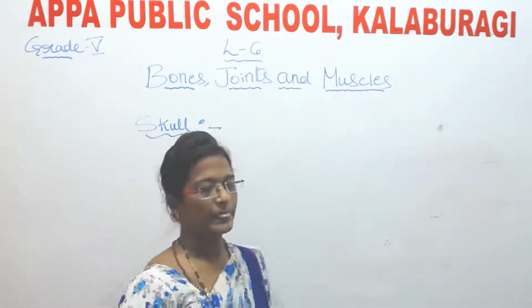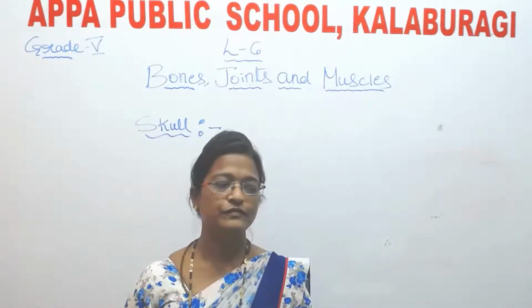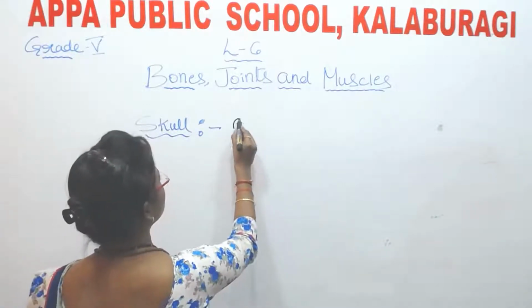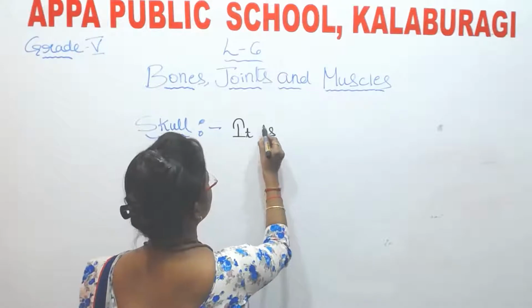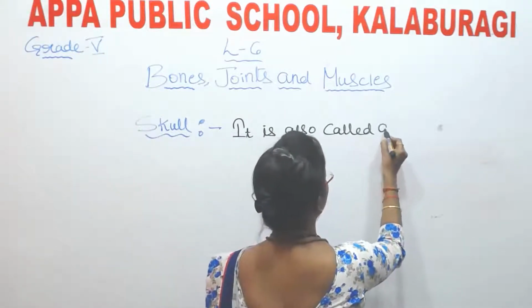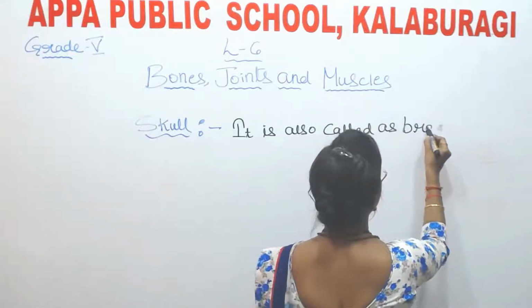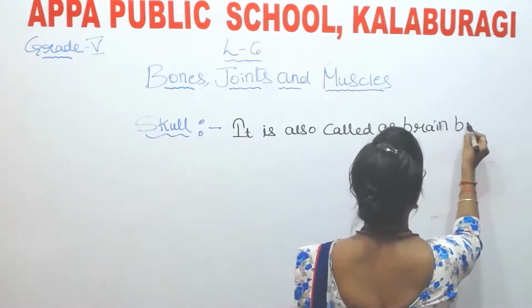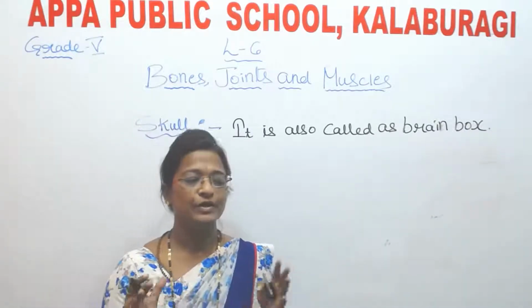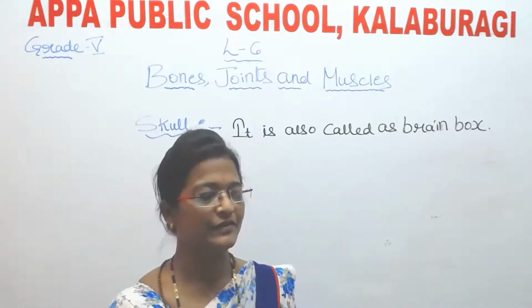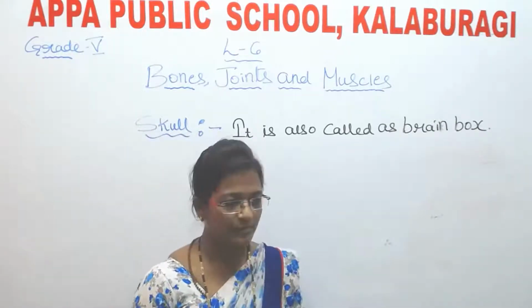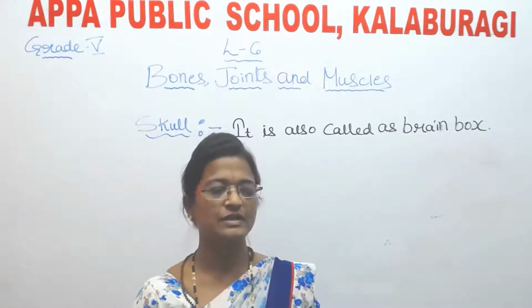So what do we call the skull? Let me tell you. It is also called the brain box, right? Why is it called the brain box? Because it protects our brain. So the skull is also called the brain box as it protects our brain.